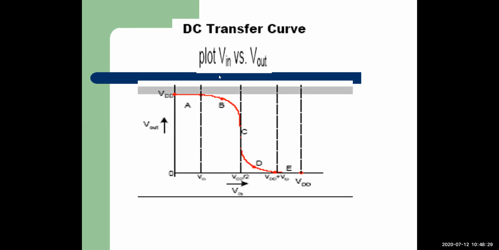Then we have to find out the characteristics curve like this, or the DC transfer curve or DC characteristics curve or DC analysis. Remember the DC analysis? We have to find out the Vin versus Vout curve.